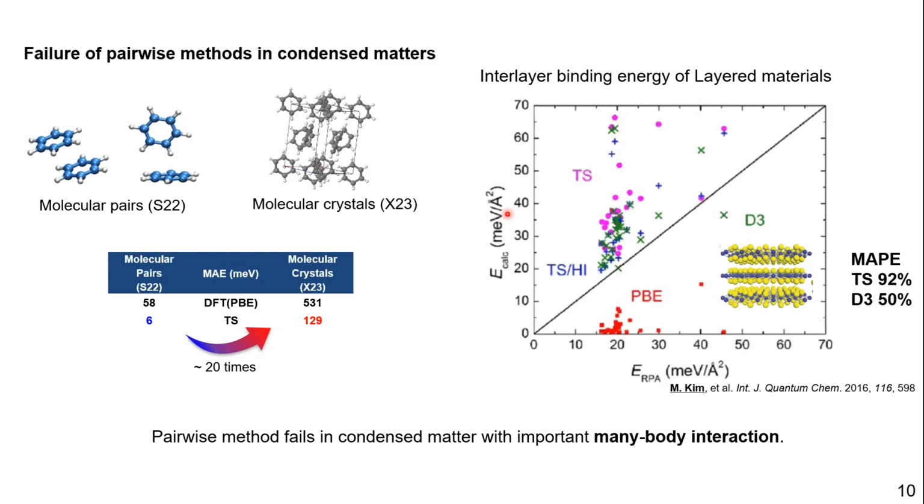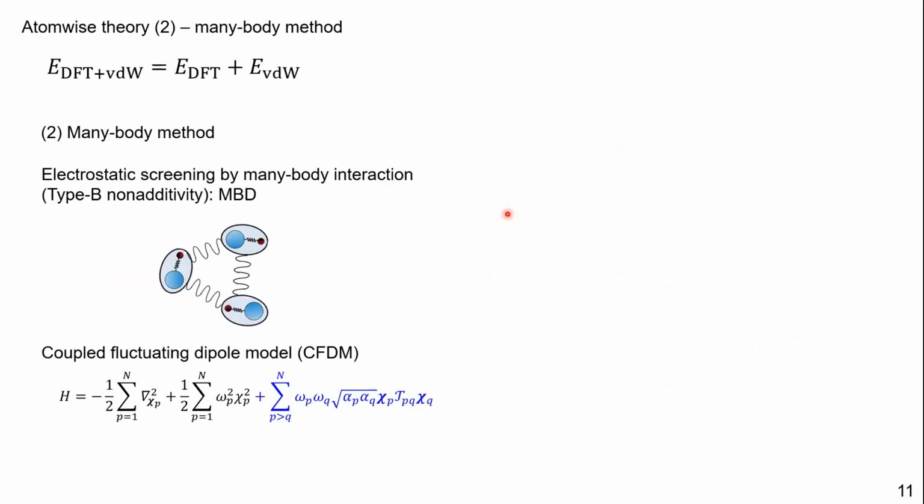They also give a poor estimation of the interlayer binding energy of layered materials, with methods such as TS and TSHI. So they are helpful for predicting these kinds of interlayer binding behavior compared to the conventional DFT PBE energies.